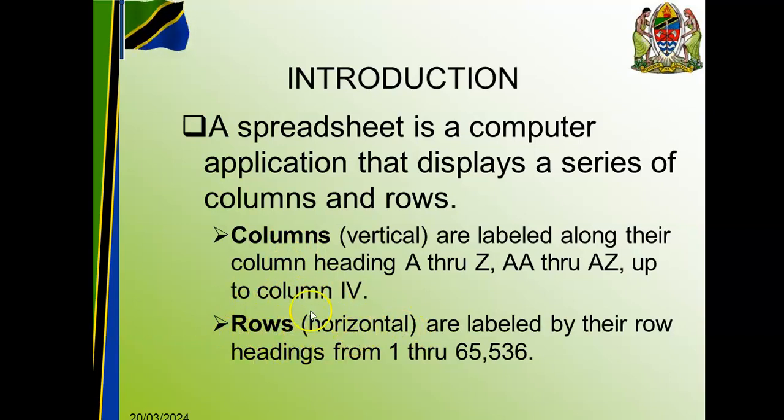And in a spreadsheet or in Excel, rows are numbered from 1 to 65,536. So this is the number of rows in a spreadsheet.